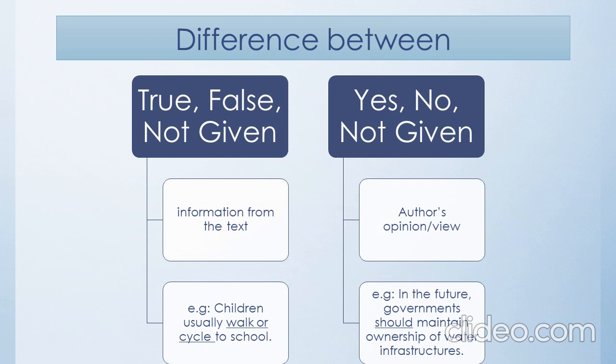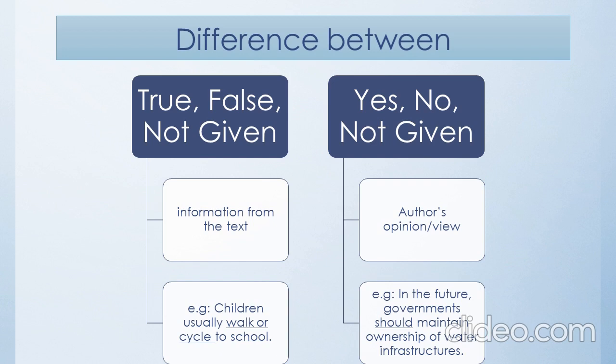And yes, no, not given is connected with the author's opinion or view. For example, in the future, governments should maintain ownership of water infrastructures. So here we see the author's suggestion or view or opinion, right?